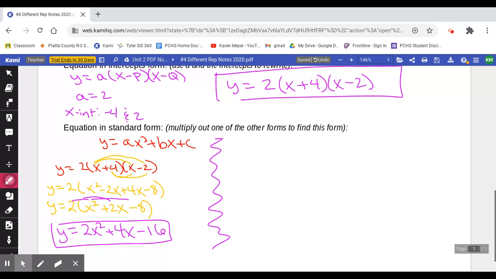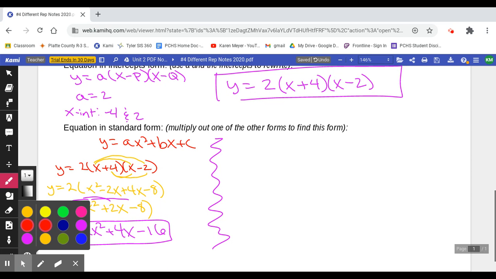Now, what if you chose the other one? Let's say you chose vertex form: y equals 2(x + 1) quantity squared minus 18. If you choose this one, you have to remember quantity squared means you have two identical parentheses.